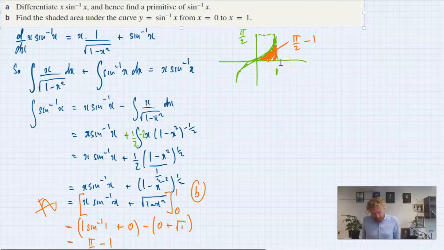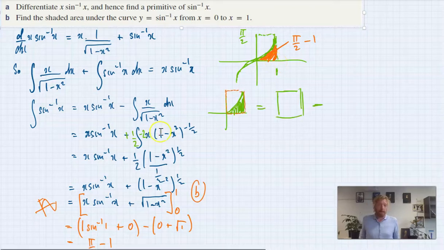Okay, I'm going to draw this out. I want this shaded area there. I can get that by finding the whole rectangle and taking off that bit.